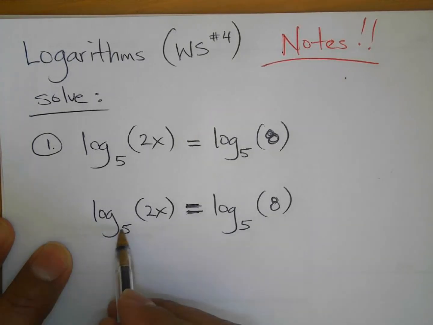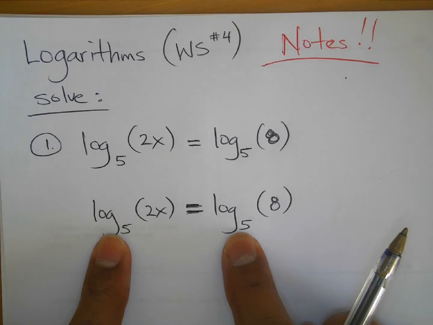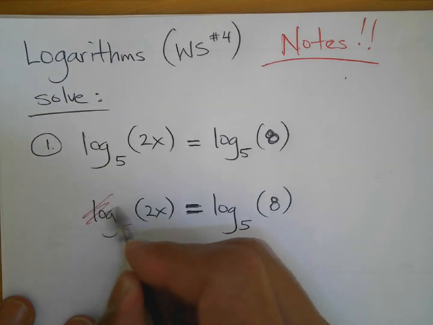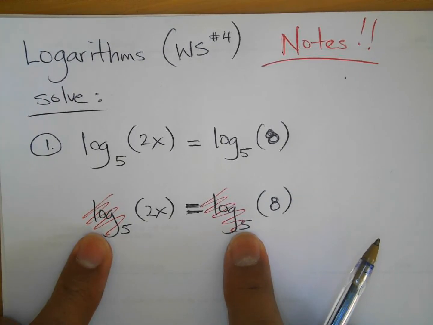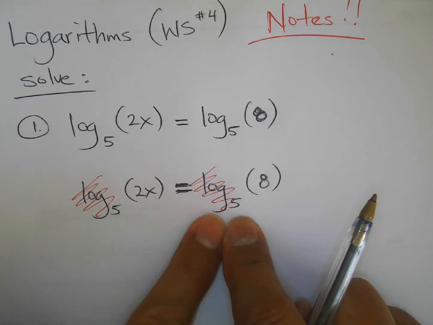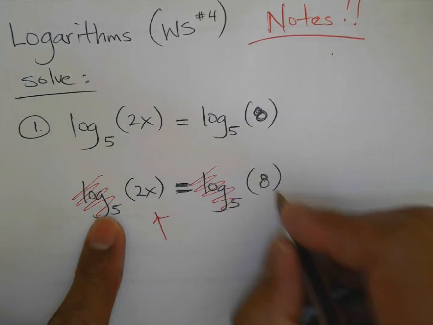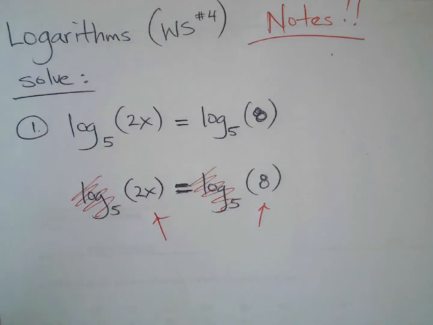If this log 5 and this log 5 are equivalent, then we can just drop those. If this is equal to this and that's equivalent, then it makes sense that these two parts here we can set to be equivalent.